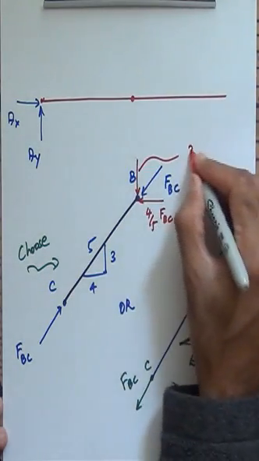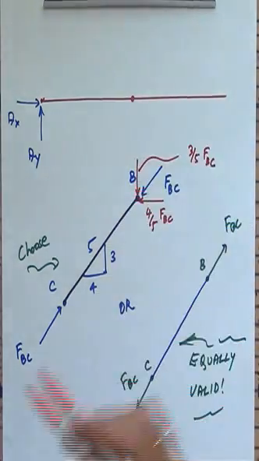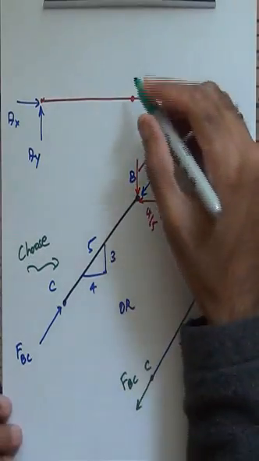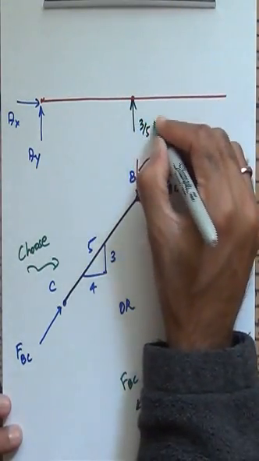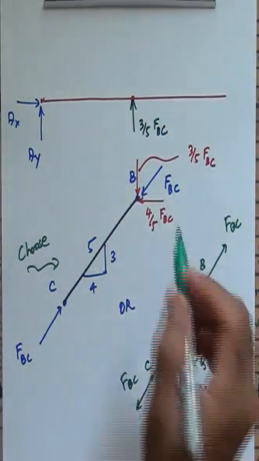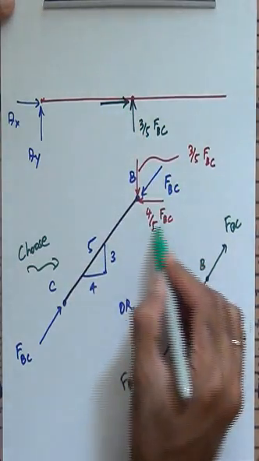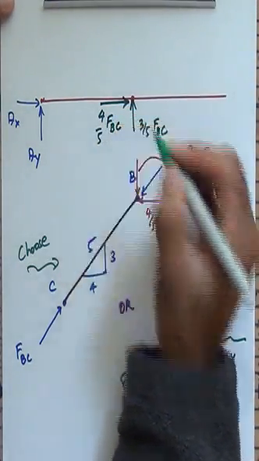This is going to be 3 by 5 FBC, and so I'm going to have something equal and opposite on this bar here. I'm going to have a 3 by 5 FBC, then I'm going to have a 4 by 5 FBC, equal and opposite to what I have drawn on the bar BC here. So this is going to be 4 by 5 FBC.